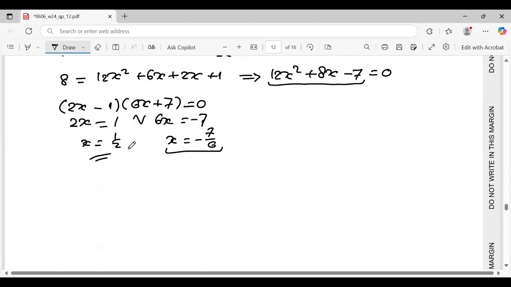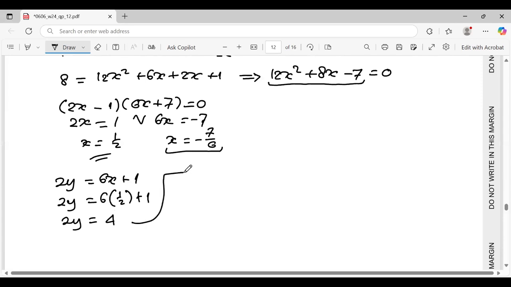Substitute x equals 1 half into 2y equals 6x plus 1. It's going to be 2y equals 6 times 1 half plus 1. So 2y equals 3 plus 1, 4. So y equals 4 halves, which is 2.